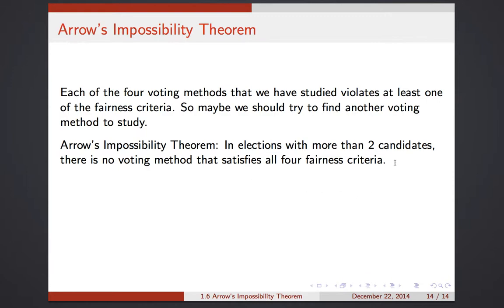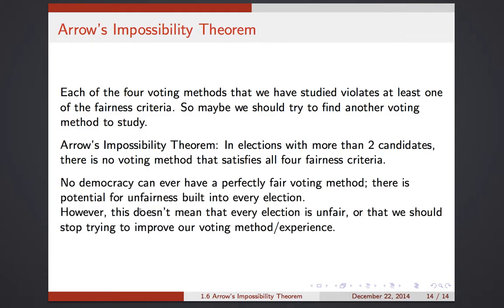That is not a trivial thing to do. So I can't explain to you how he did that, but this is the theorem, and this is what he managed to prove. So a consequence of this is that you can't have a perfectly fair voting method if your notion of fairness is Arrow's 4 fairness criteria.